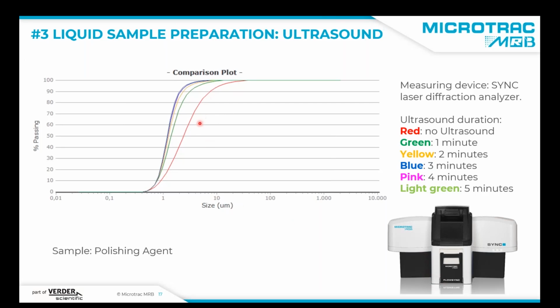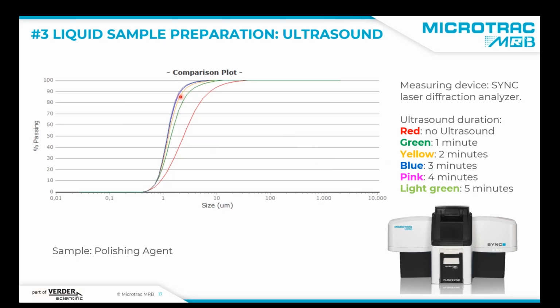If you put the powder just into the liquid and measure, you get the red curve, which is still quite coarse. And as soon as you start turning on the ultrasound, the particle size will decrease. After 1 minute, you measure the green curve, after 2 minutes the yellow, and then there's still a little more change with 3 minutes, the blue curve, and after 3 minutes no more changes occurring.